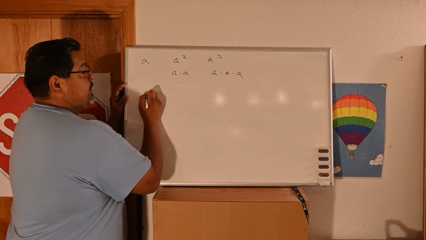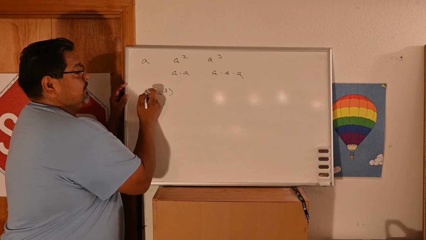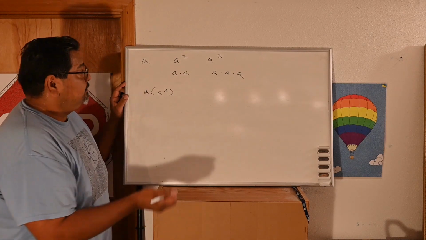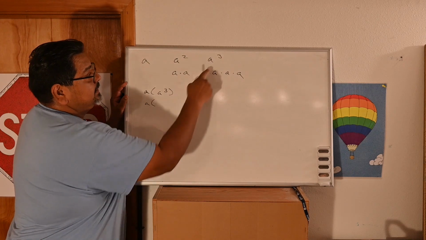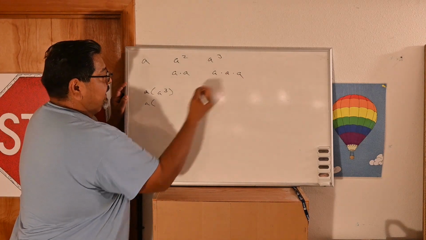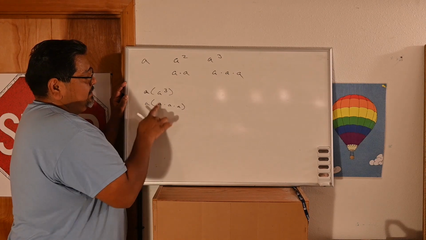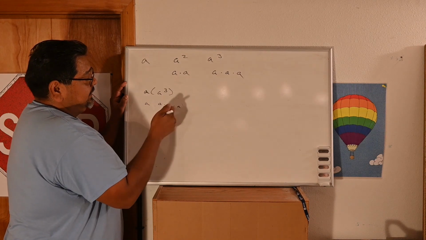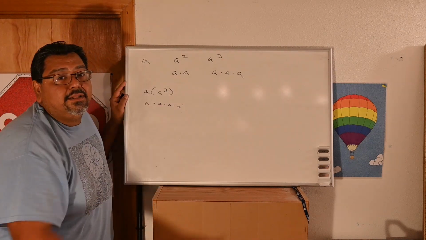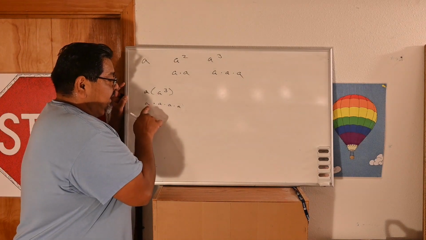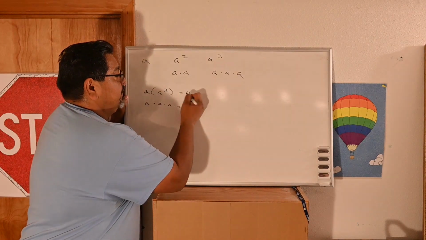So if we want to do a times a cubed, we can easily do a dot because it's multiplication. Multiplication is just multiply it all out.